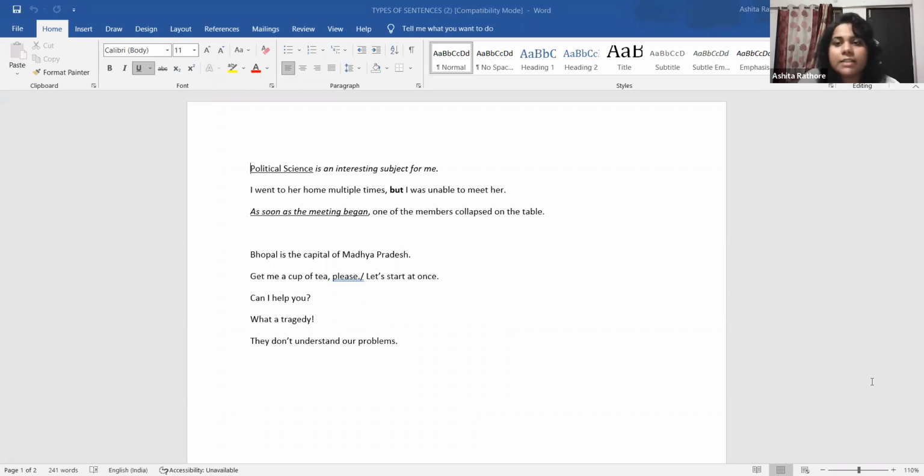First, simple sentences. Next is this, which is known as complex sentences. What are complex sentences? In such kind of sentences, two or more independent clauses come in together.